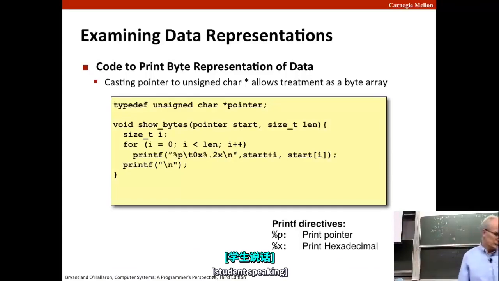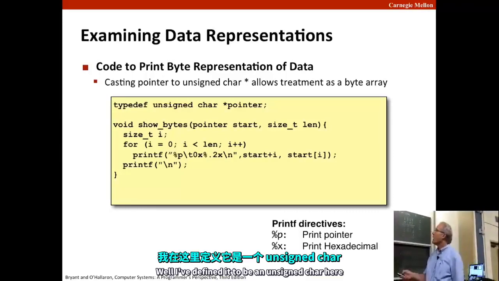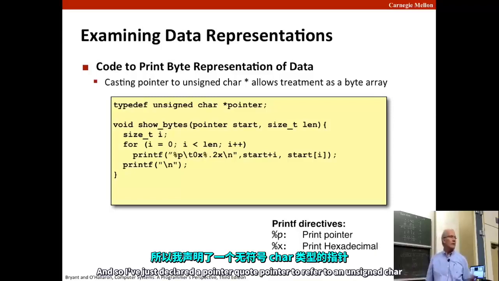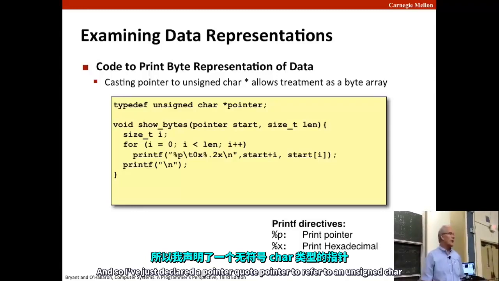Question? So what exactly is the pointer type? Is that like a void star or something? Well, I've defined it to be an unsigned char here. So typedef is a way to introduce a name for some data type. And so I've just declared a pointer to refer to an unsigned char.